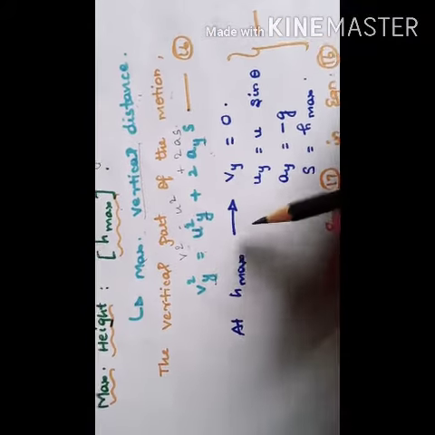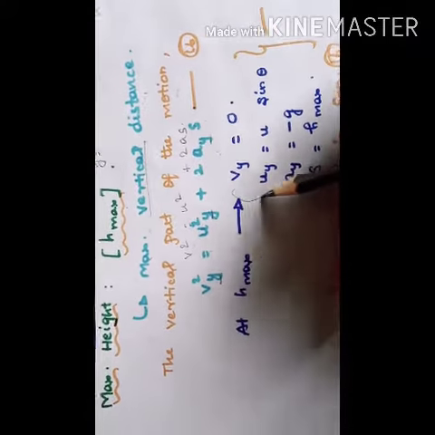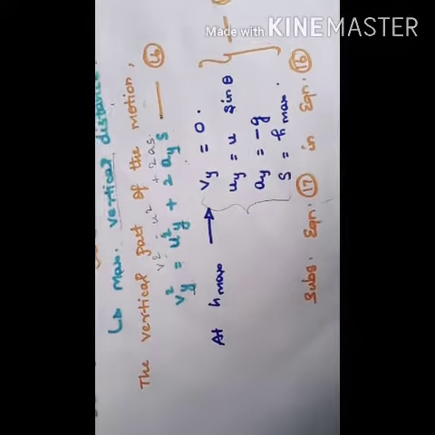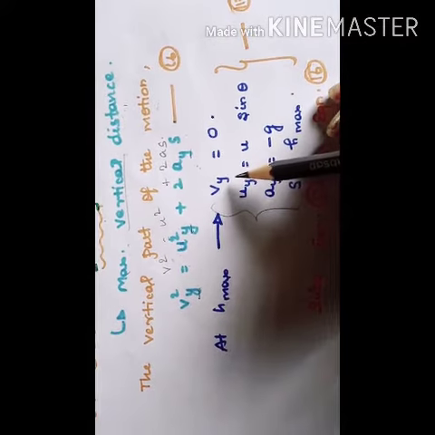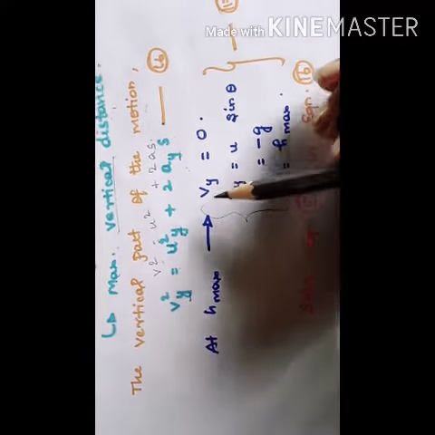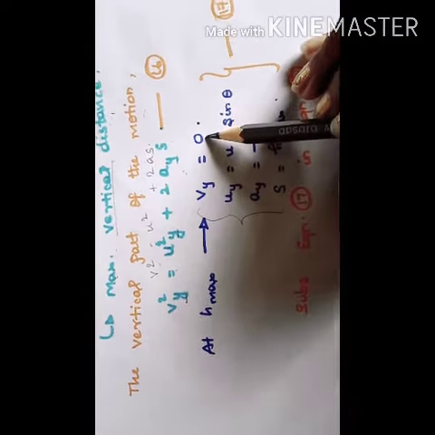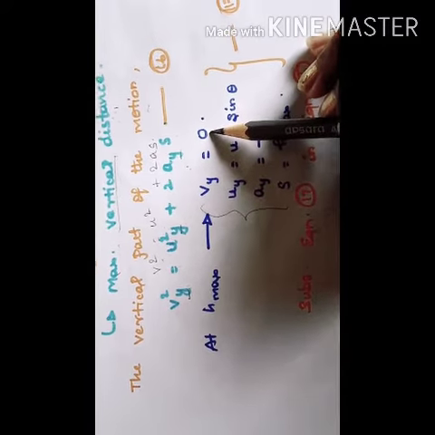Here we have four conditions in this equation, which I already told in part 1. vy is equal to 0 at the maximum height, that is, at h max.